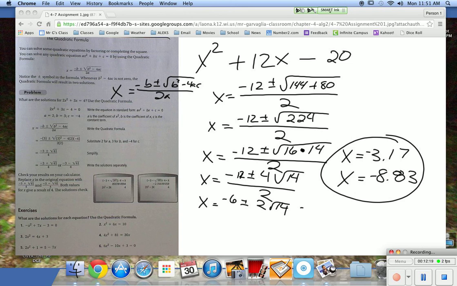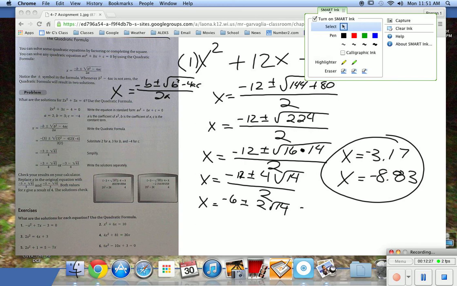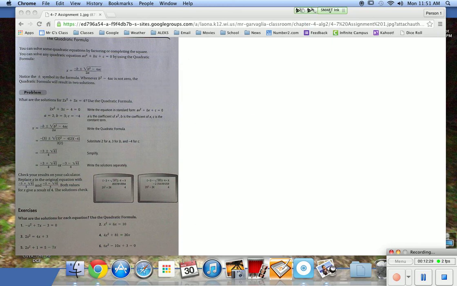So we've used stuff that has a 1 out here, right? Let's do one with a number out front. Let's say 3x squared minus 12x plus 16. It may factor out in the even numbers too.